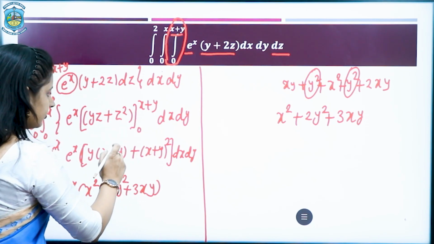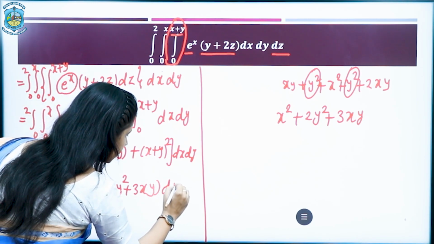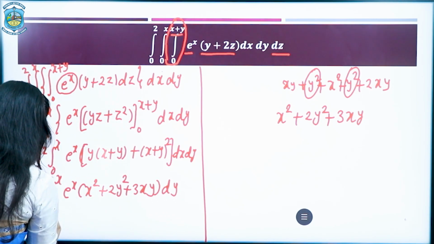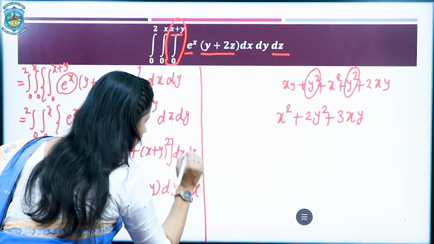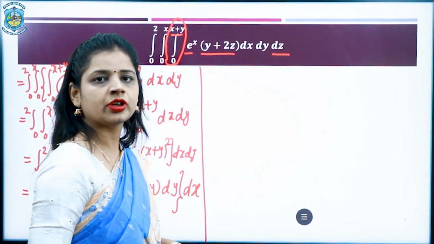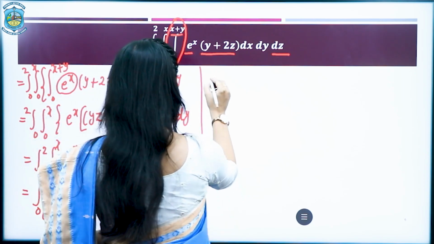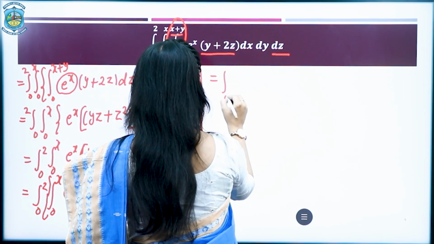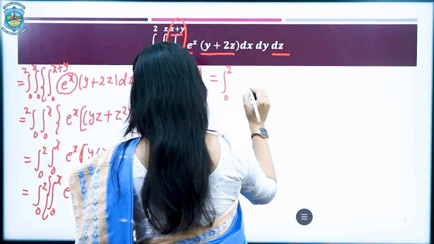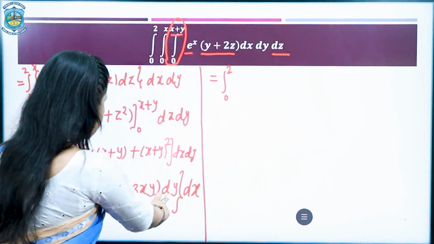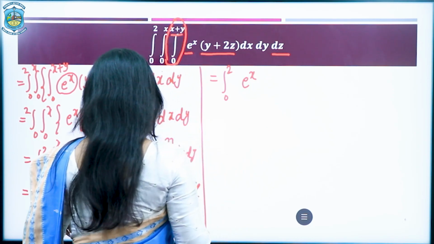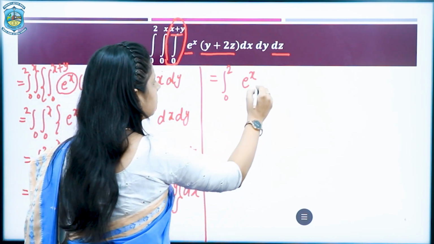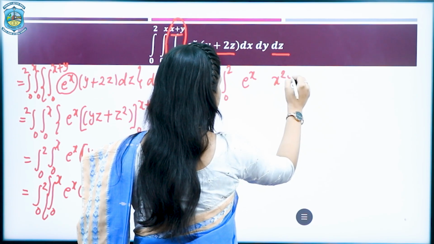Now first we will integrate this with respect to y for the limit 0 to x and then with respect to x. Now, on doing integration, we get integration 0 to 2. When we integrate with respect to y, this e to the power x will be as it is. Here we will get x square y.